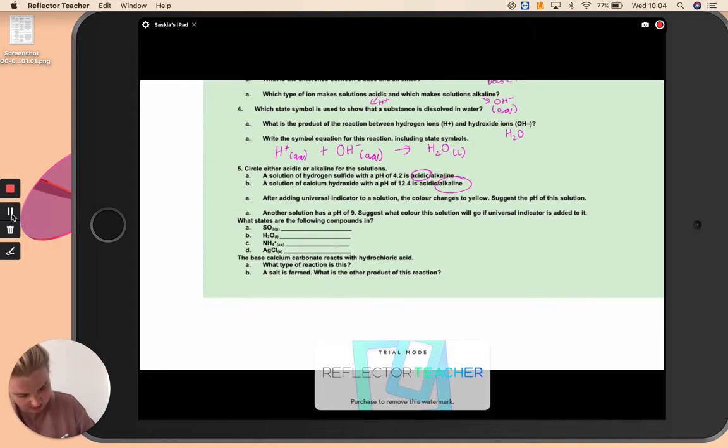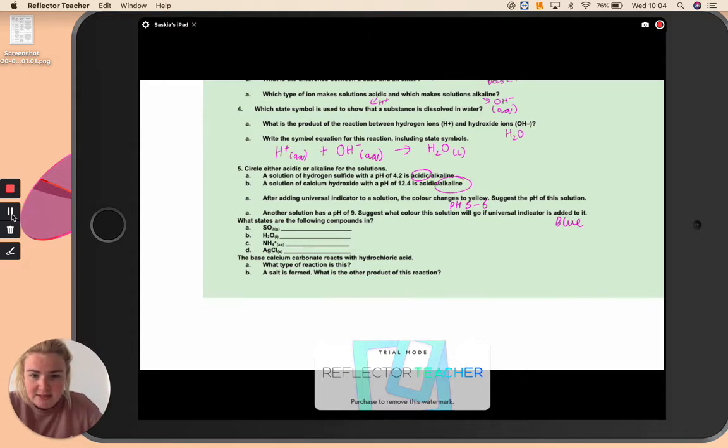After adding universal indicator, the solution changes colour to yellow, suggesting the pH of the solution. So yellow, we're going to be looking at about pH 5 to 6, because it's going to be a weak acid. Another solution has a pH of 9, what colour would it go? That's going to be a blue colour. The higher up the alkalis are, the more alkaline they are, so that means they're stronger. So pH 9, that's going to be a bluey colour.